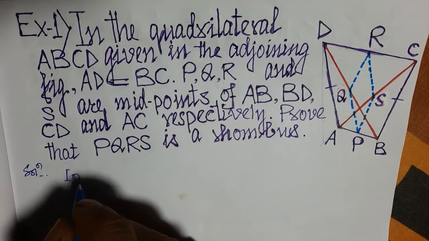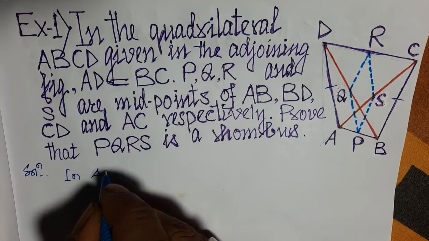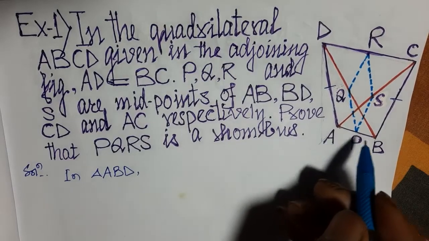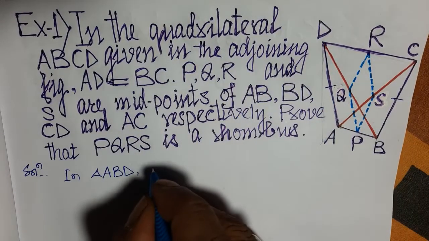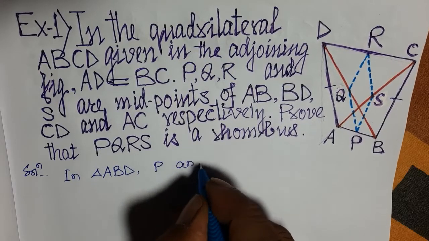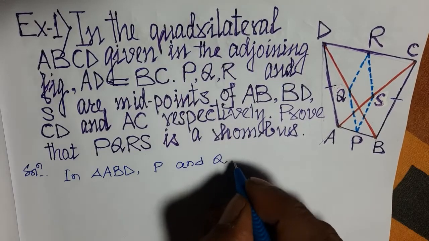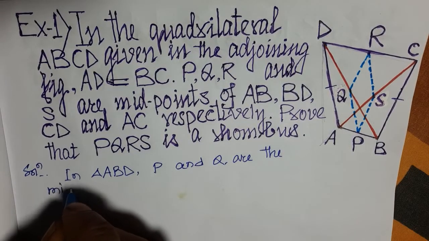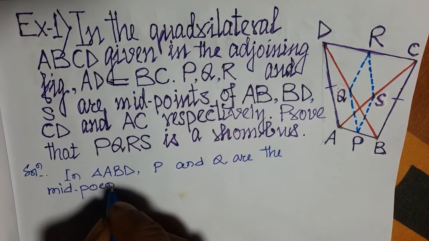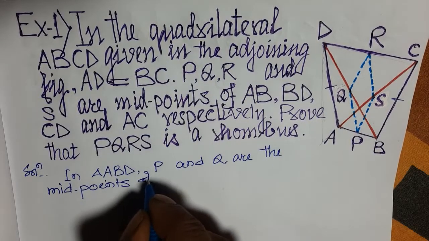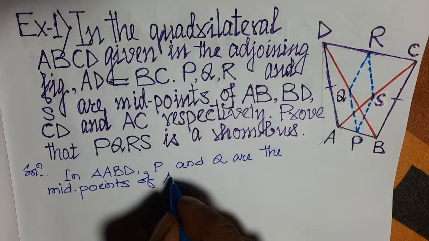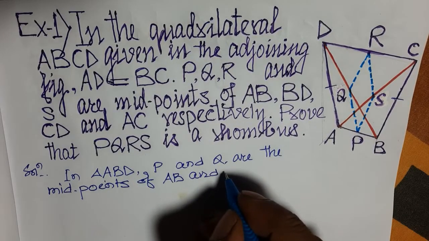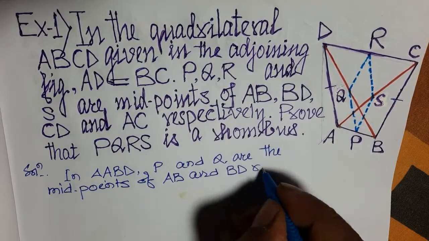In triangle ABD, P and Q are the midpoints of AB and BD respectively.